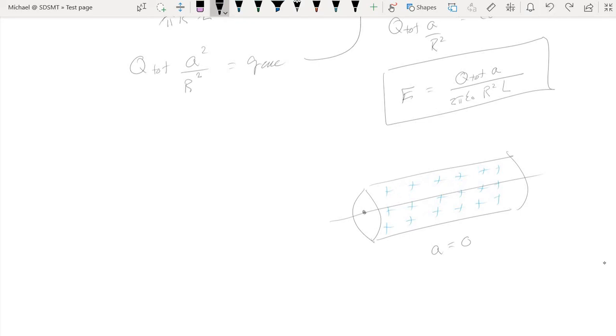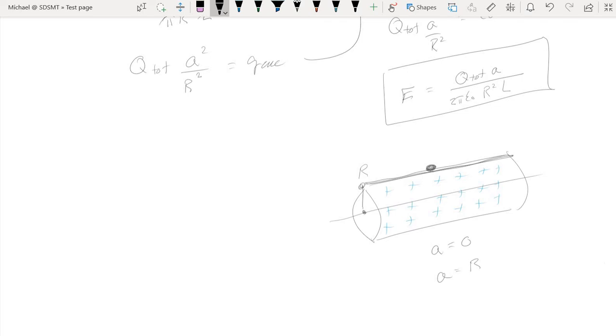And the next thing we would try is, well, what happens if A equals R? So what happens if we go back to the surface of the entire cylinder? So what if we consider the entire charge of the cylinder? Well, so now we're technically back to the surface of the cylinder.